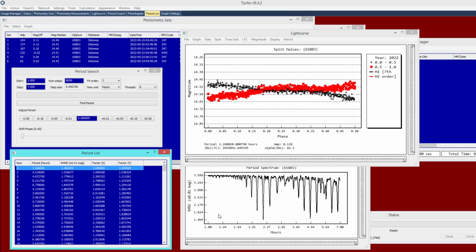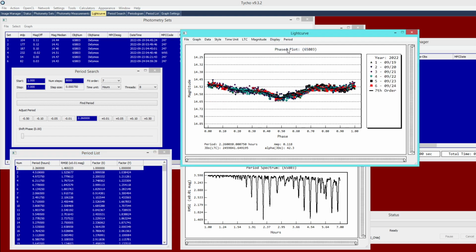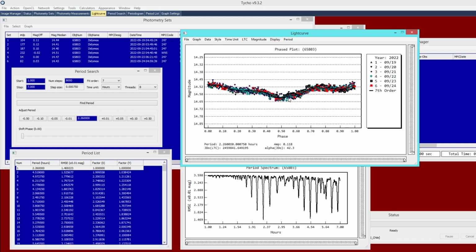But for now, in this newer version of Tycho, you also have that capability. You can do the regular phase plot, you can do split phase, or you can do split halves. So this capability is now available, and if you're interested in trying it, you can do so.